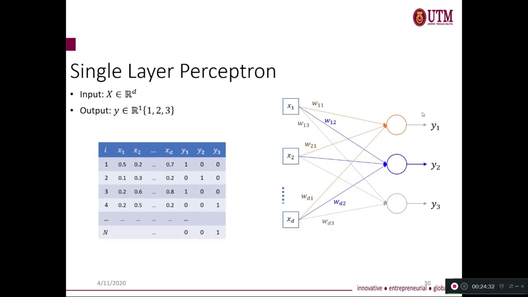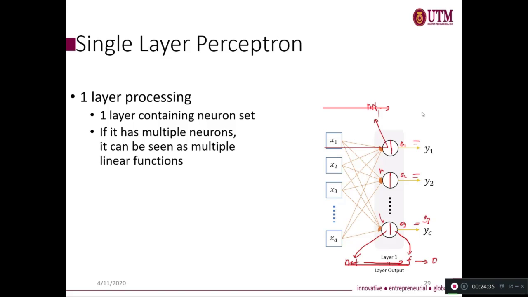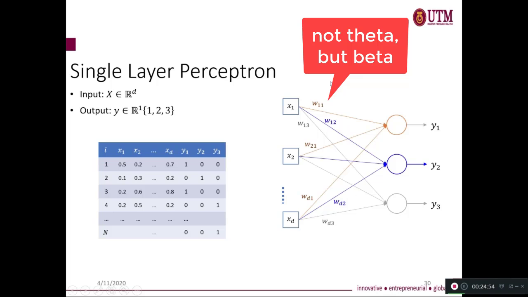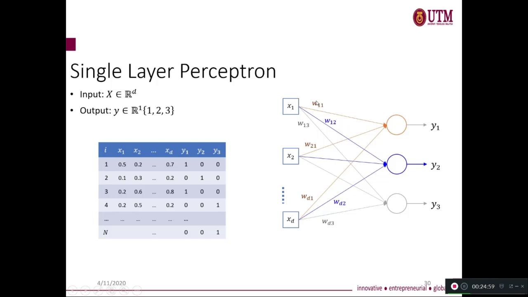Okay, so as you can see, once you have this kind of single layer perceptron, that is what we have there. Of course you need to label the W one by one. Previously this W is known as theta, now it becomes W. So this is W11, because this W is a connection between the input 1 and the neuron 1 at the output layer.